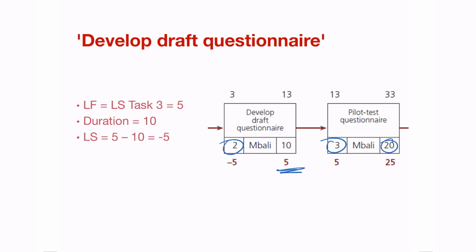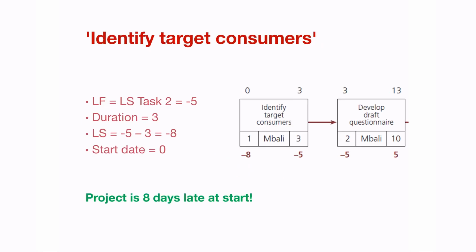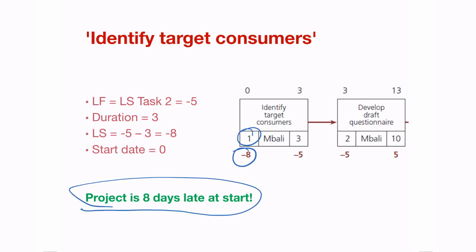By the time we reach activity number 2, we're already sitting on day 5, but activity 2 takes 5 days to complete. So we're now sitting at -2. And then finally at activity number 1, we're sitting at -8 days, which essentially means that the project is 8 days late at the start.